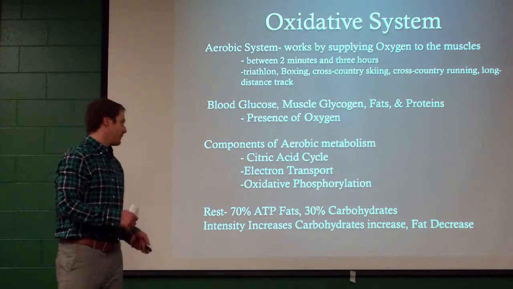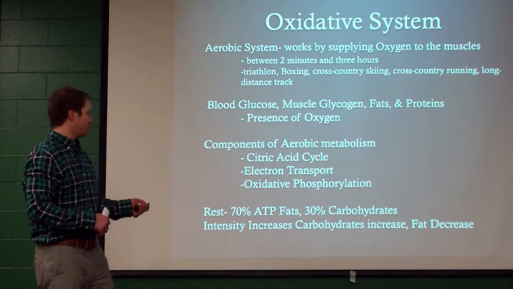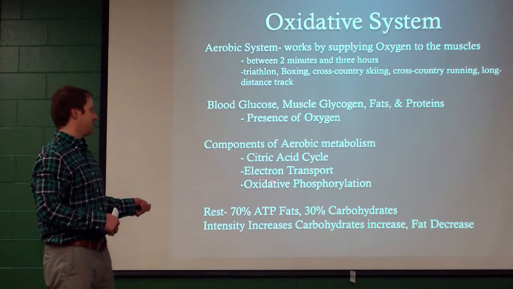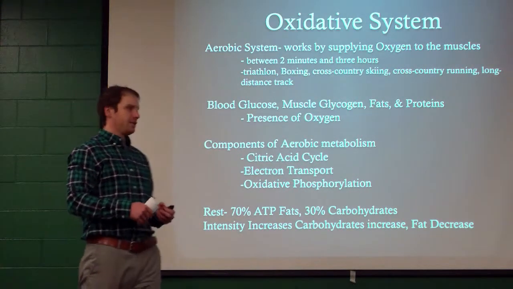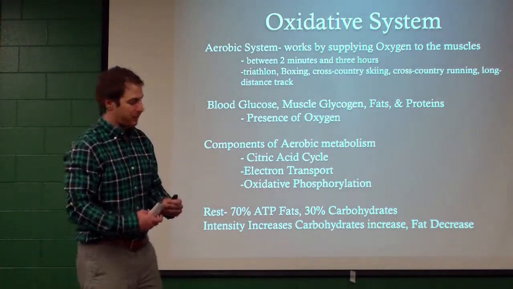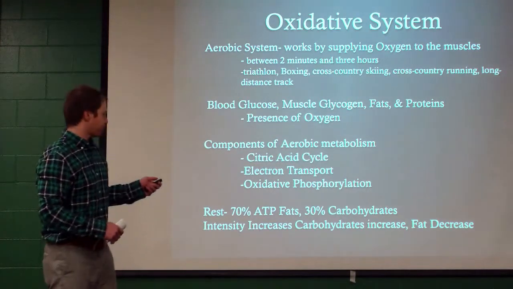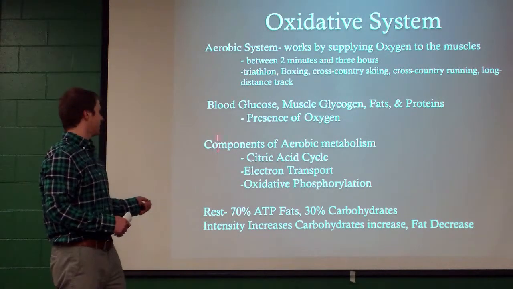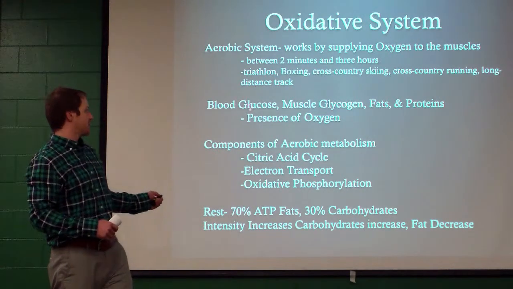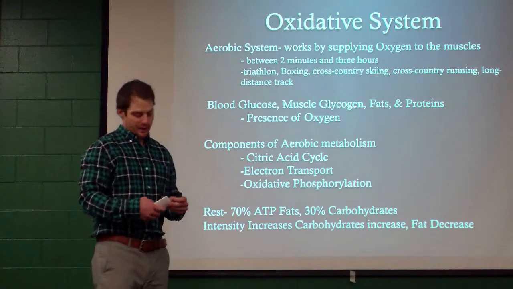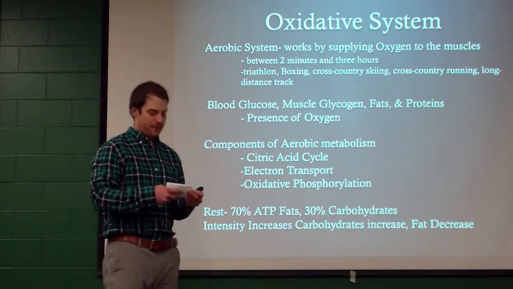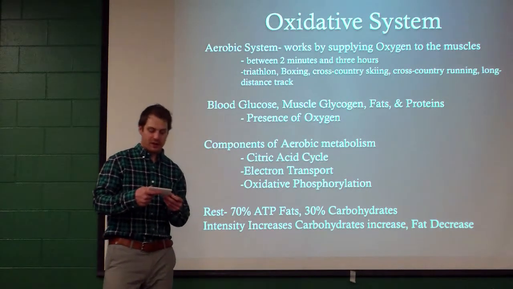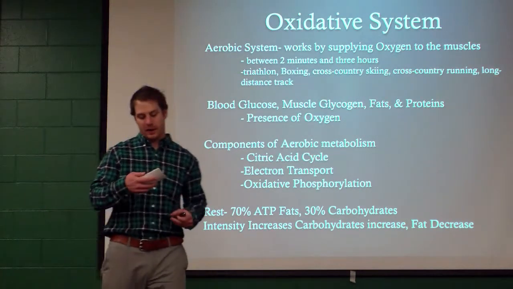The components of aerobic metabolism are the citric acid cycle, electron transport, and oxidative phosphorylation. And so, to tie this together, we know that glycolysis breaks down blood glucose and muscle glycogen, and at the end of that we get pyruvate. Pyruvate irreversibly converts to acetyl-CoA.